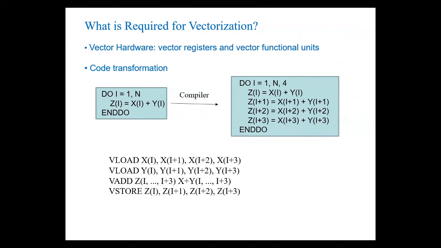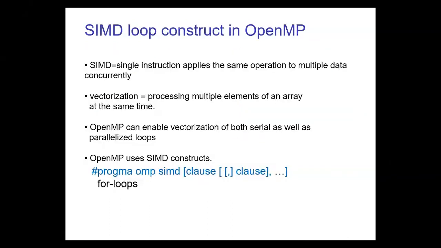So OpenMP wants to do this type of thing, and because OpenMP is standardized, it is not bound to one hardware or compiler provider. So OpenMP introduced the SIMD loop construct. SIMD, as you know, is a single instruction applying the same operations to multiple data concurrently.